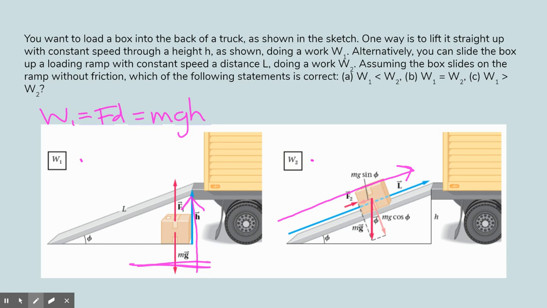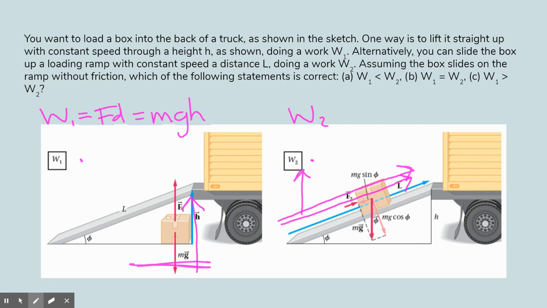Okay. Over here, for the second one, well, this one's going to be slightly more complicated. Because we have an x and a y direction, since this is diagonal. However, this box is not moving vertically. It is moving up the ramp. So we're going to call this the x direction.